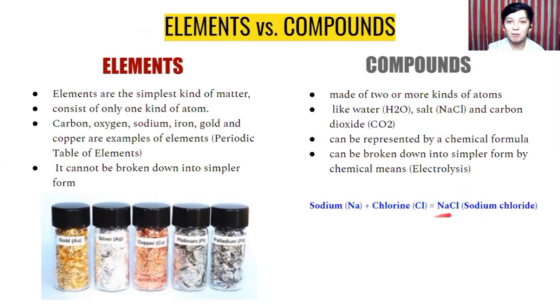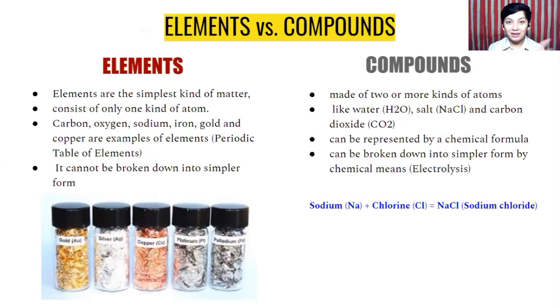This is an example of a chemical formula, and can be broken down into simpler form by chemical means, like electrolysis. Electrolysis is like you are going to put electricity for them to be able to separate. Okay, for instance, H2O, if you are going to apply electricity to water, it will evaporate.